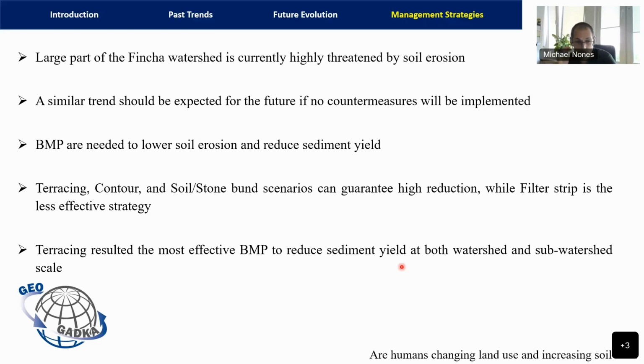It was supported, and we can say that terracing is the most effective management practice to reduce the sediment yield at the watershed scale, and also at the sub-watershed scale in the majority of the sub-watersheds. Then it's needed to investigate in more detail, sub-watershed per sub-watershed, what the best management practice is.